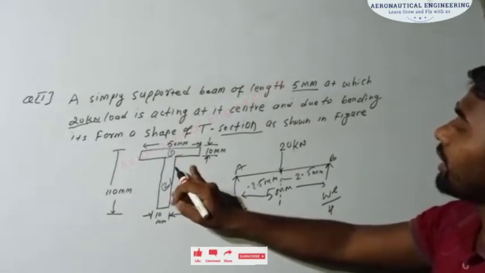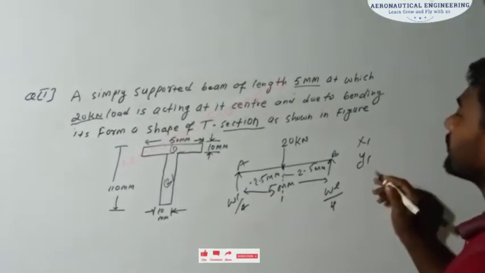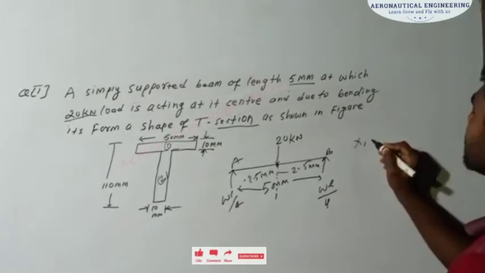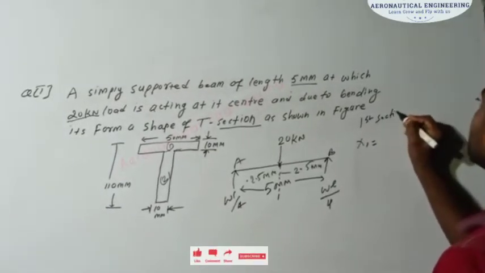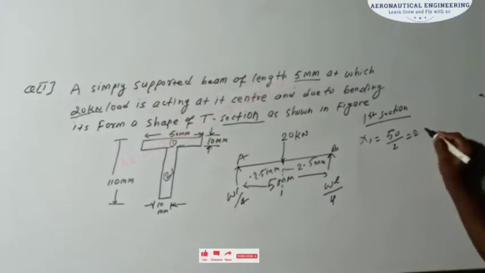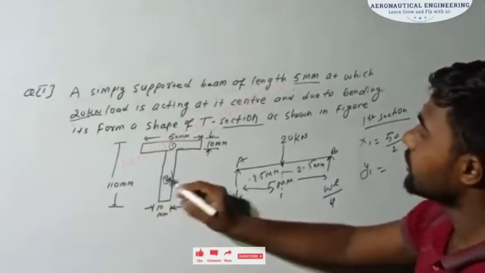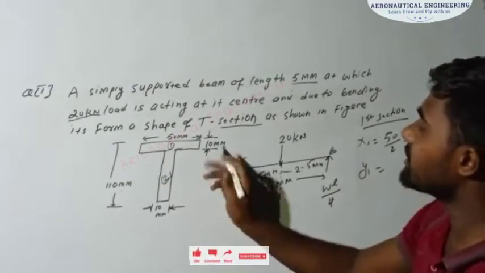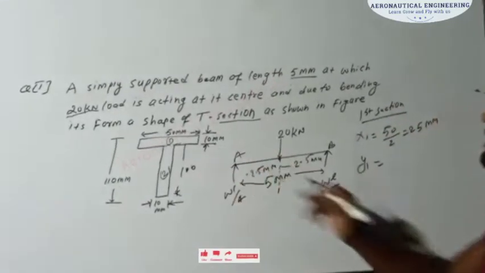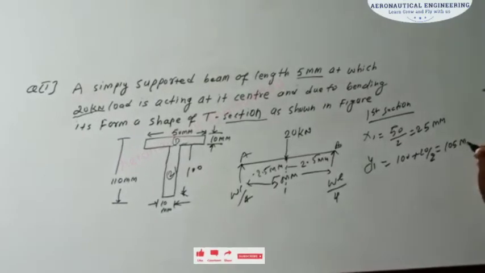For the first section we find x1 and y1, and for the second section x2 and y2. x1 equals horizontal length upon 2, so 50 upon 2 equals 25 mm. y1 is 110 minus 10, which is 100, so 100 plus 10 upon 2 equals 105 mm.